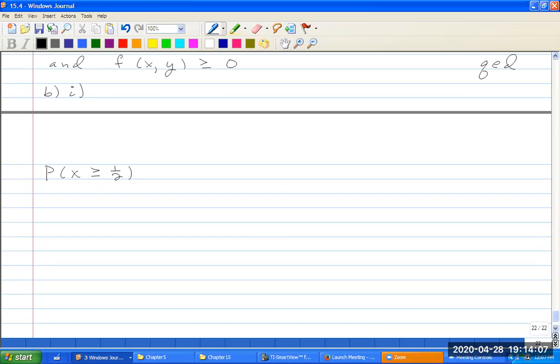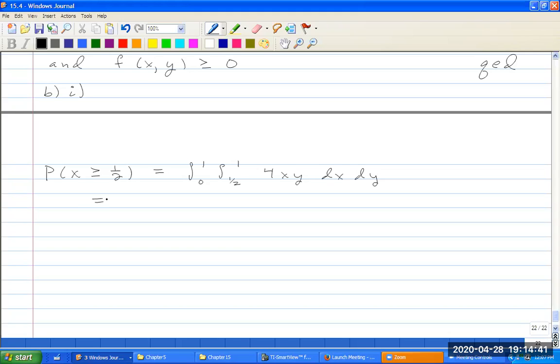Okay, so let's do that. This will just equal the integral, let's go from 0 to 1 in y, and from 1/2 to 1 in x, of my probability density function for x, y, and this is dx dy.